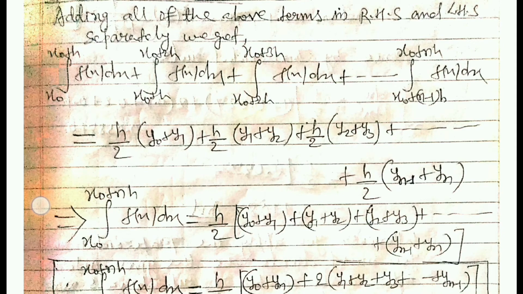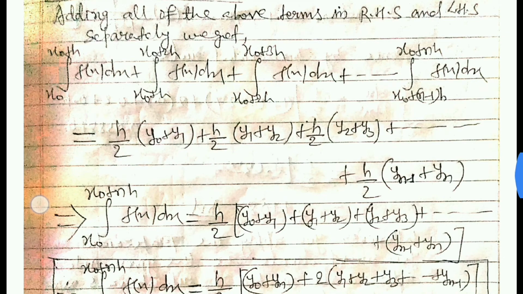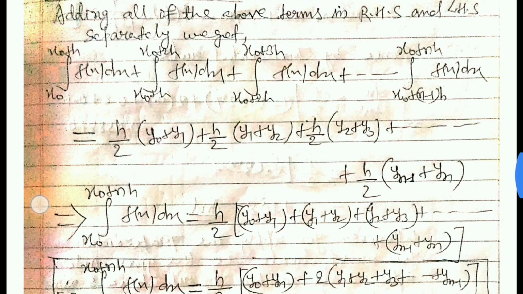So we see that y0 and yn appear just a single time, and all the other terms repeat themselves, so y1 two times, y2 two times, y3 two times, and similarly up to y(n minus 1).